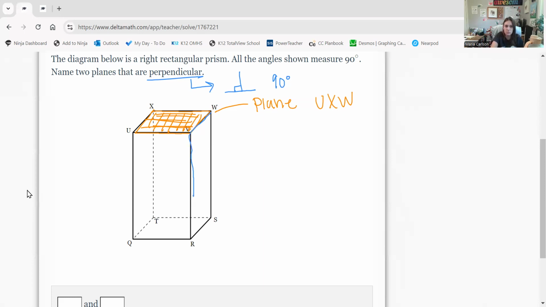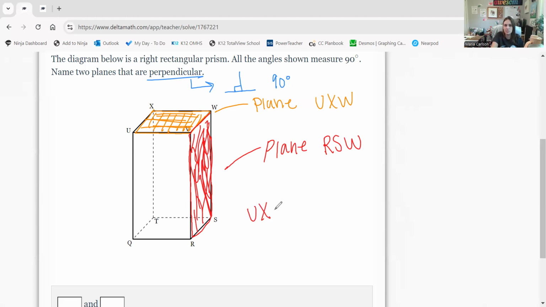I'm going to choose this sidewall here, which would be VWR or VWS, WVS. Again, pick three of the four letters to name this plane here. So that is plane, I'm going to call it RSW. So plane UXW is perpendicular to RSW.